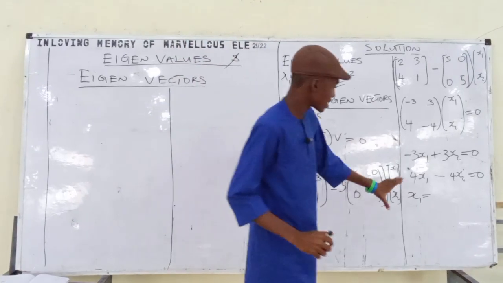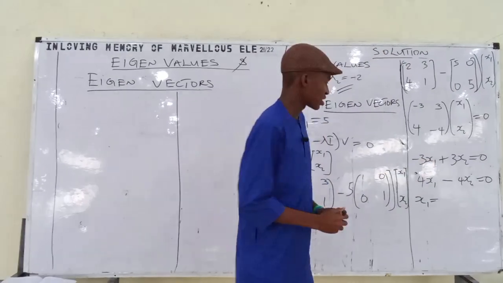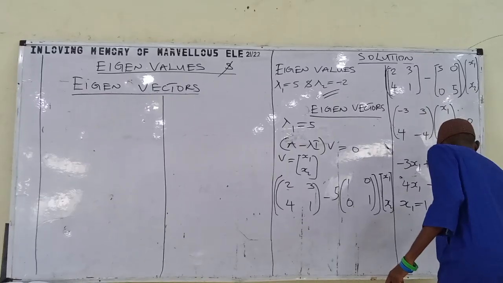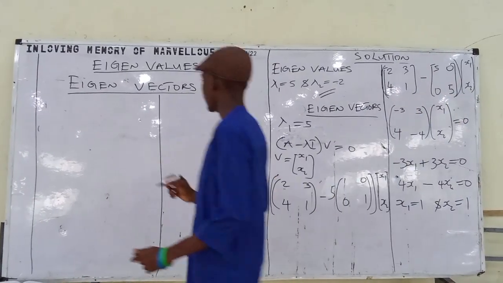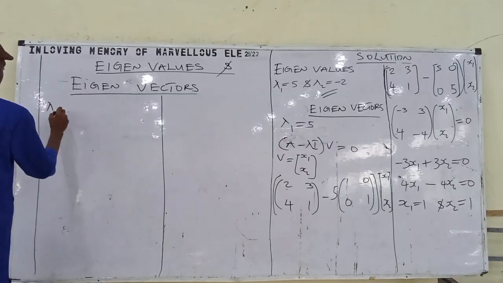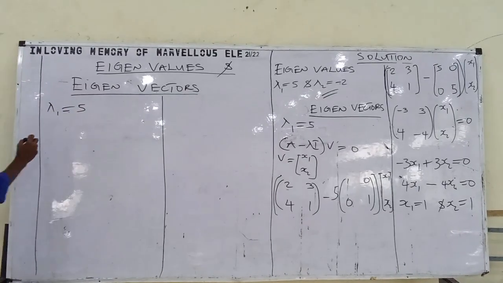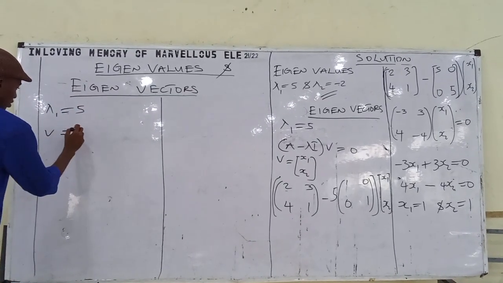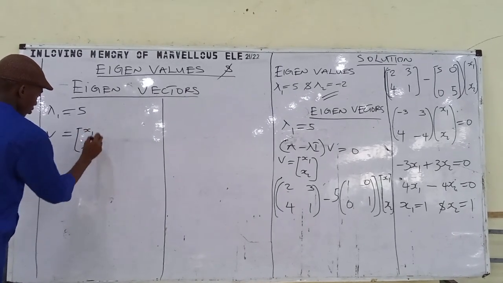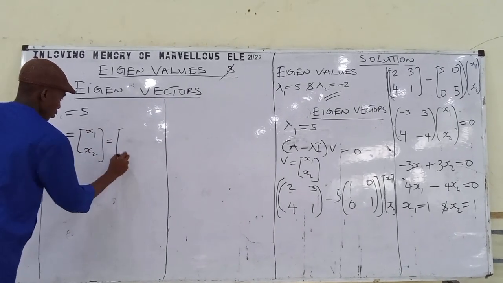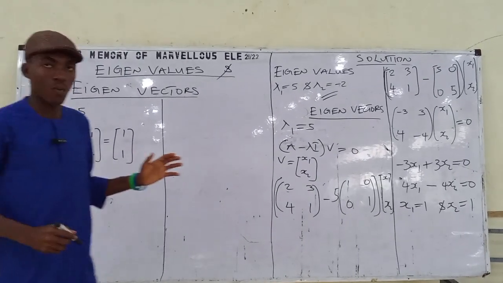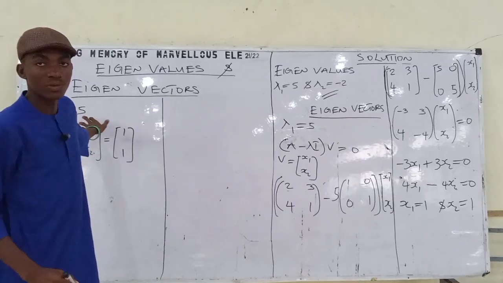If we solve these simultaneously, our x1 is 1 and our x2 equals 1. So therefore, our eigenvector for when our eigenvalue is 5 is x1, x2, which equals 1, 1.